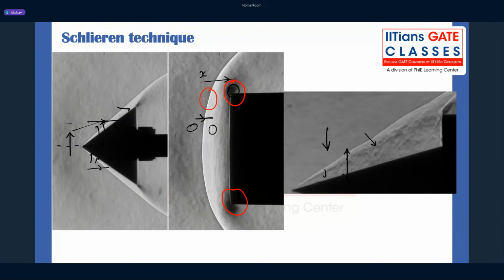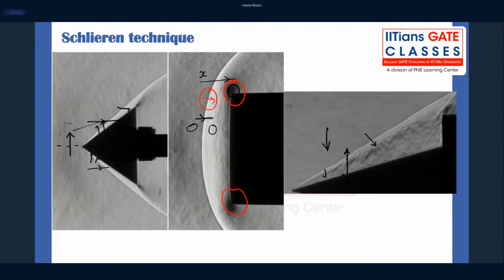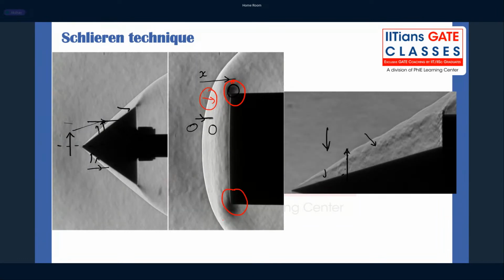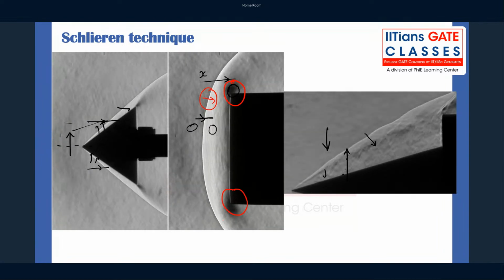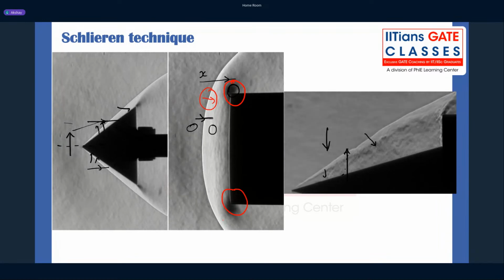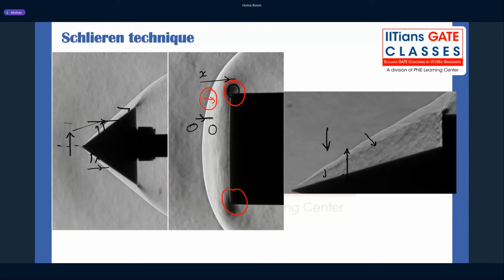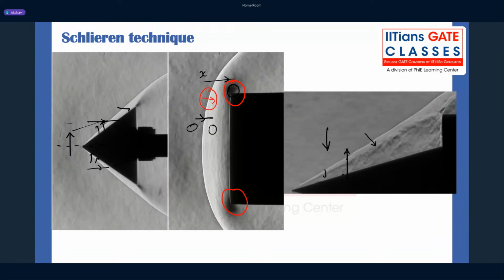This is coming as bright and this is coming as dark. It's a hypersonic flow experiment at around Mach 6, but our idea is to understand the method.